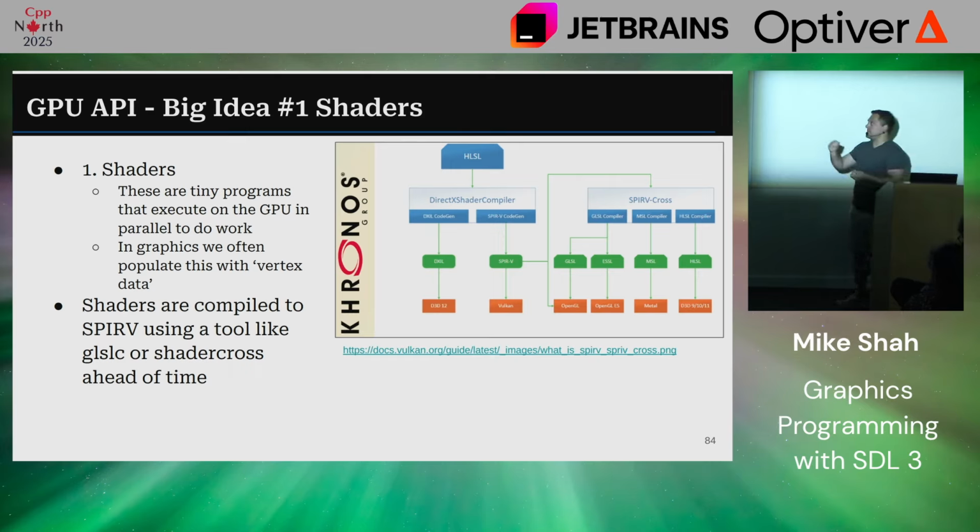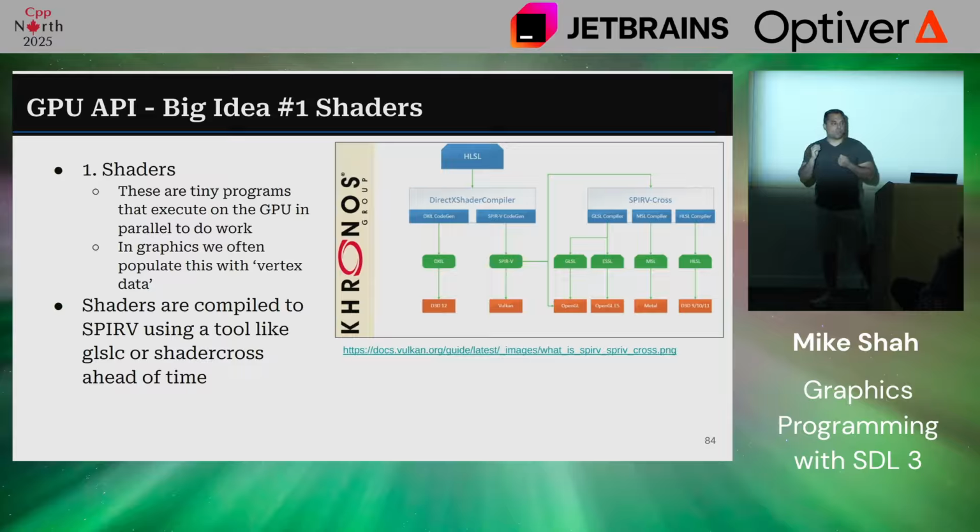So again, the big ideas. Shaders are going to be tiny programs that tell me how to fill in the pixels or transform the actual rectangle that I'm moving around, the actual quad. The SDL GPU API, since it's using these modern platforms, Vulkan, Metal, and Direct3D, the shader is actually pre-compiled to a format called SPIR-V, which you can think of like an executable or an intermediate representation for code for the GPU.